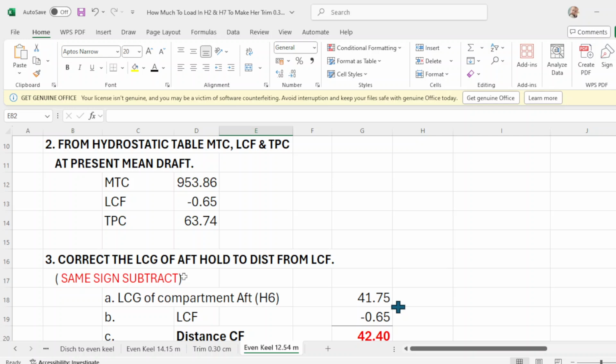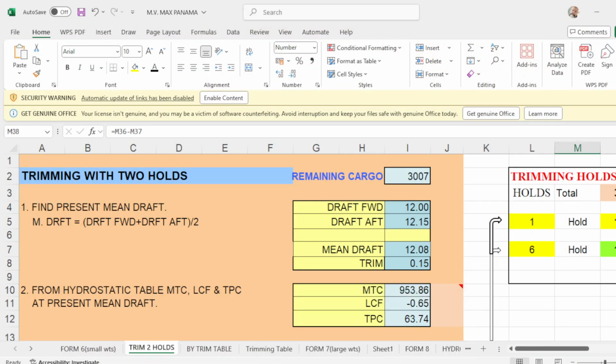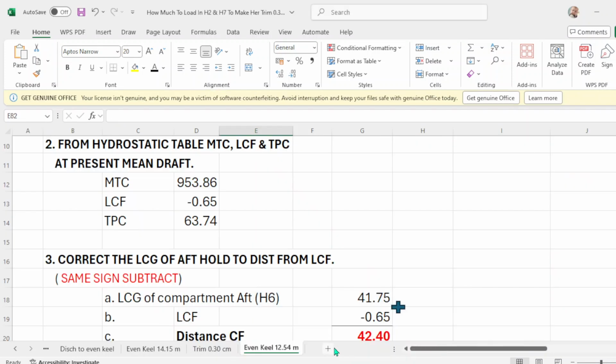Correct the LCG of uphold to distance from LCF. So uphold is hold number 6. And the answer, distance from center of rotation is 42.4 positive. I have here 42.40, okay, which is the same as this one. Okay, then we go to number 4.